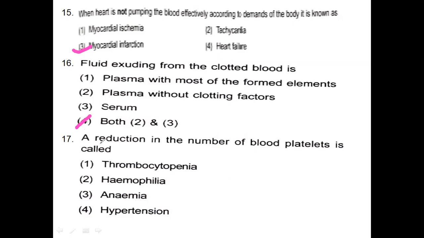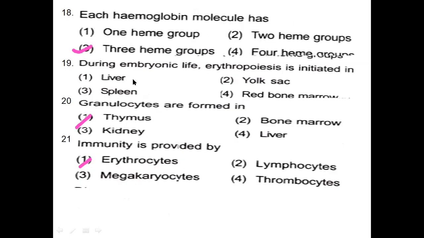A reduction in the number of platelets is called thrombocytopenia. Each hemoglobin molecule has one heme group, two heme groups, three heme groups, or four heme groups.